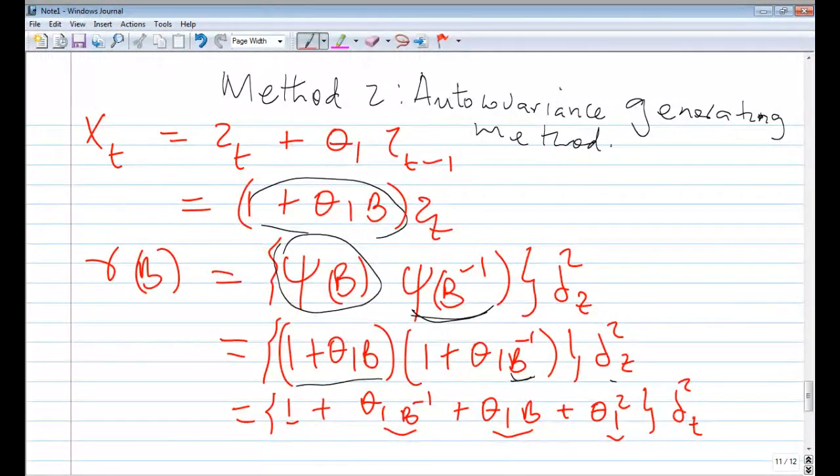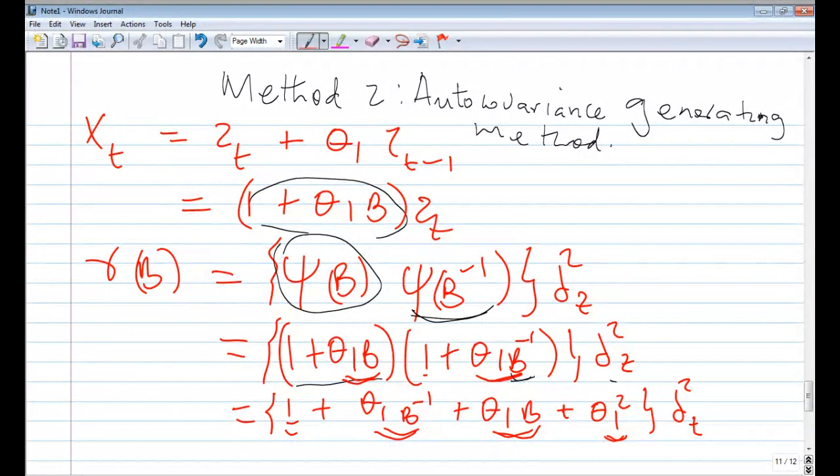Okay. How did we get the third step here? We just simplify step number 2. We multiply 1 by 1, we get 1 here. 1 multiplied by theta 1 B inverse, we get this one. Theta 1 B multiplied by 1, we get this one. Theta 1 B multiplied by theta 1 B inverse, we get this one. You get it?